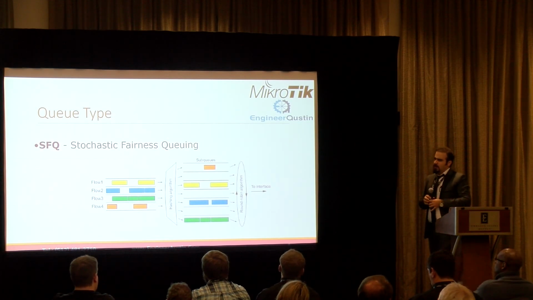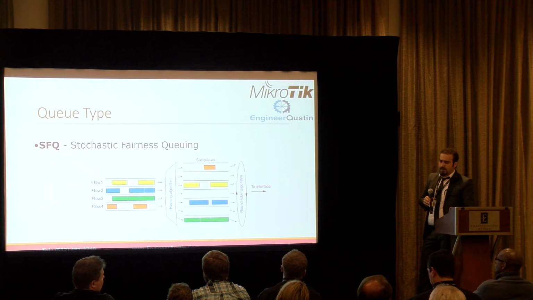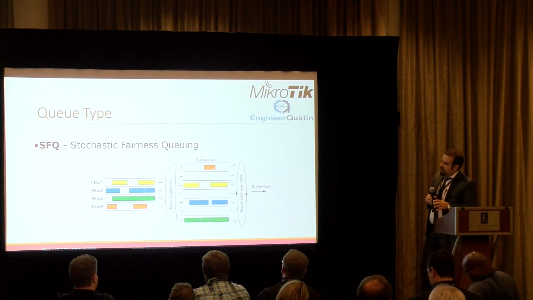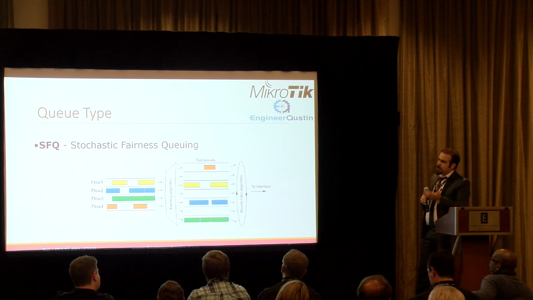SFQ is very bad when you have a user who wants to take most of the existing connections, and in this situation there isn't any chance for other users to get good connection. It's very bad, it's very unfair.